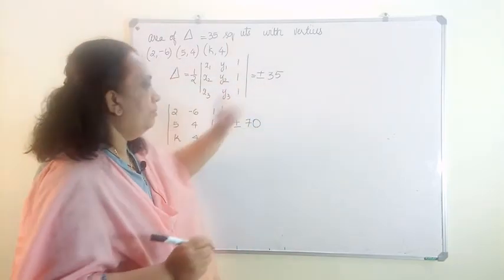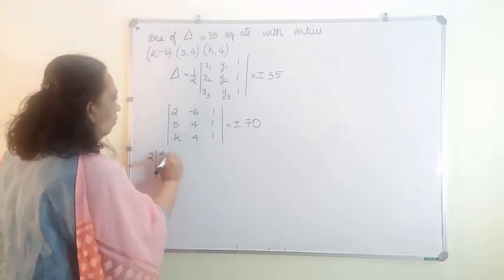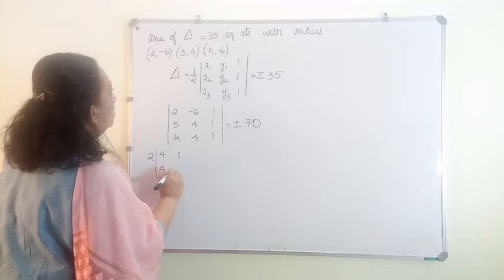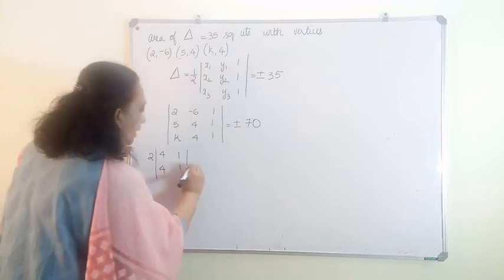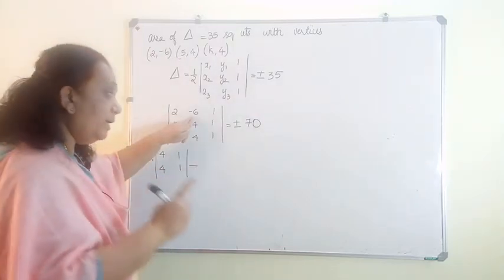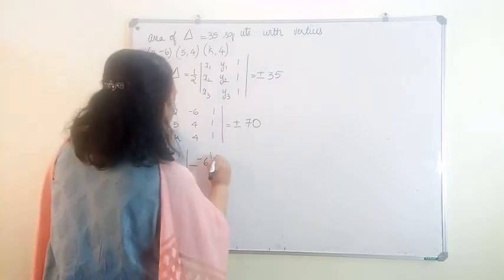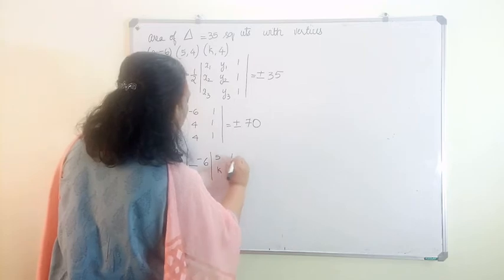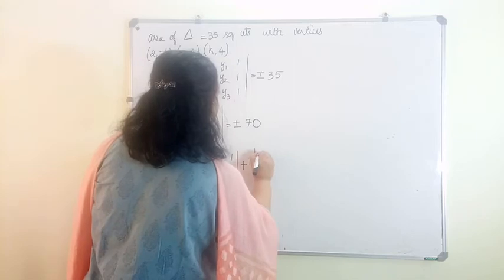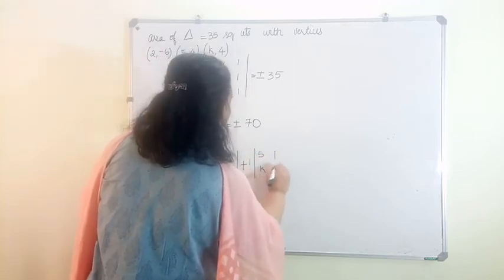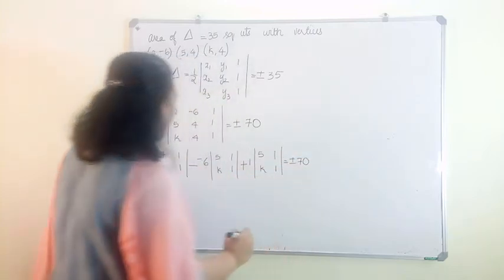Again, no need of writing because you have got more practice. First 2 goes to the numerator, which is 2 into determinant 4, 1, 4, 1, minus, what is the next one? Minus 6. Minus 6 into determinant 5, 1, k, 1, plus 1 into determinant 5, 4, k, 4 is equal to plus or minus 70.